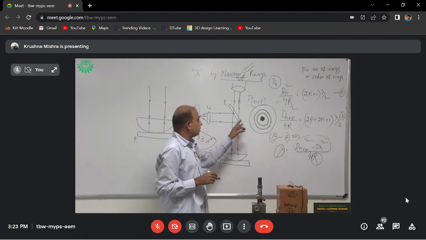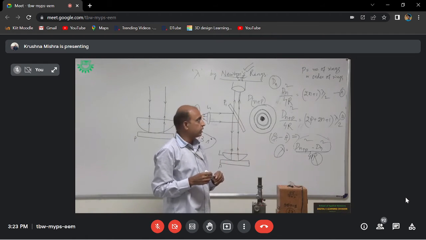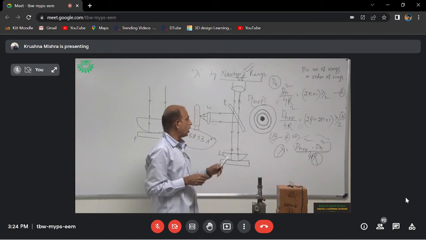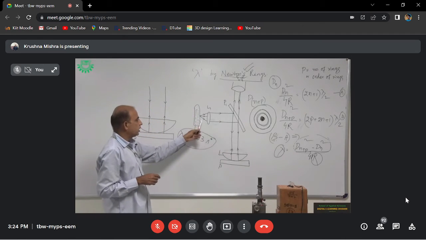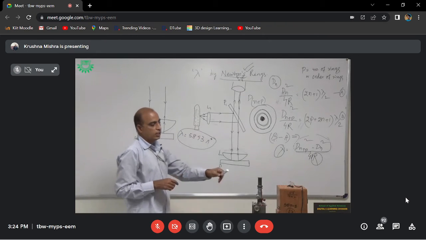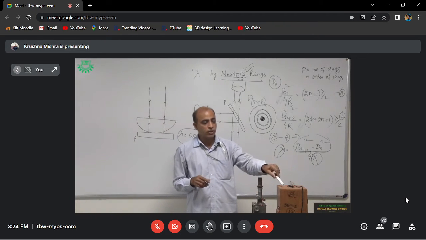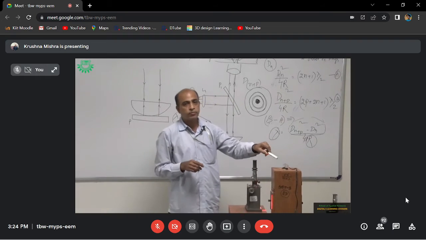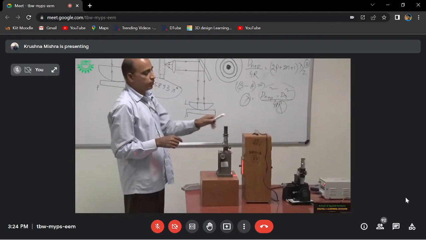So this is the theory of this experiment, and for the apparatus required here, you see there is a monochromatic source of light, which is a sodium vapor lamp.